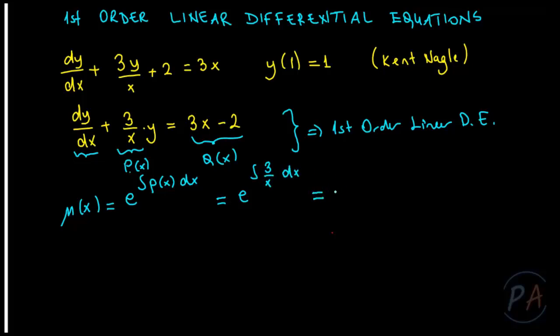It is easy to see that this is exponential 3 times integral 1 over x dx, which equals exponential 3 times ln of x, which is equal to exponential ln of x cubed. Thus we find the integrating factor mu of x equals x cubed.